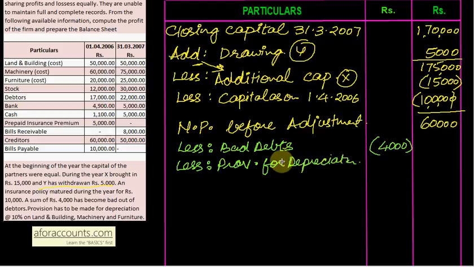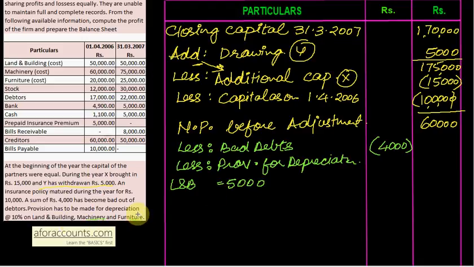Land and building you can see it is land and building. खड़ा कितना है 50,000. 50,000 का 10% is 5,000. ओके, तो लैंड एंड बिल्डिंग पे हो गया 10%.